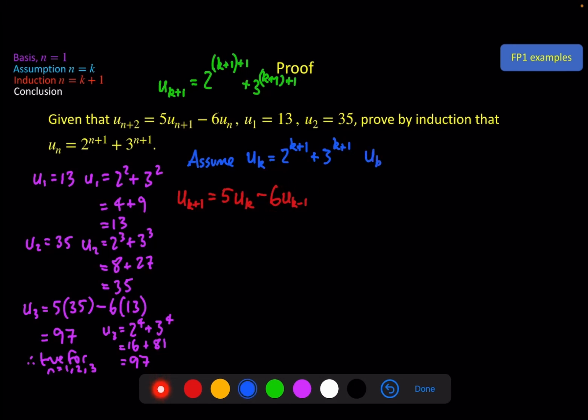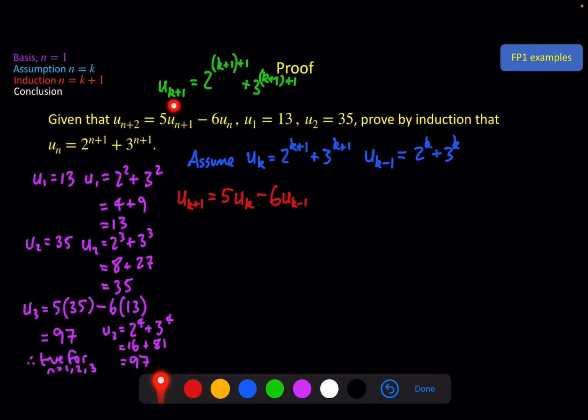So we're also going to assume that this nth term statement works for the term before the one I want. And that would make it 2 to the k plus 3 to the k if you put k minus 1 in here and here. So assuming this and assuming this, I'm going to prove this.